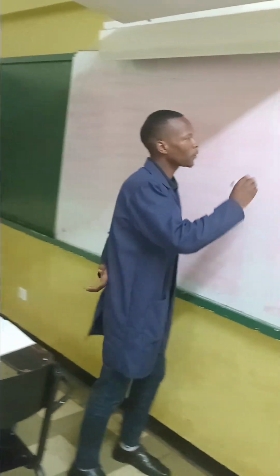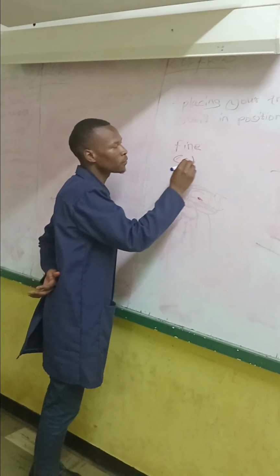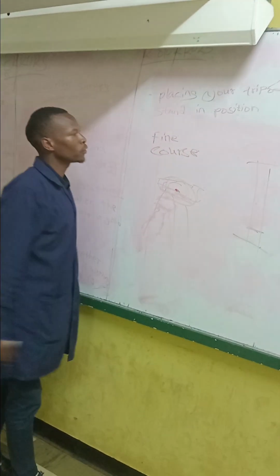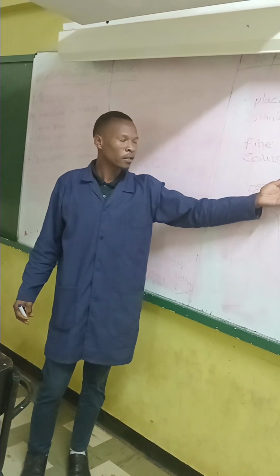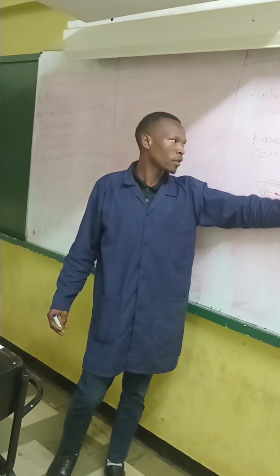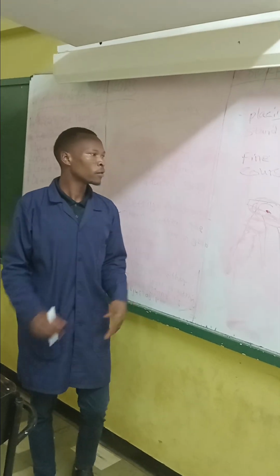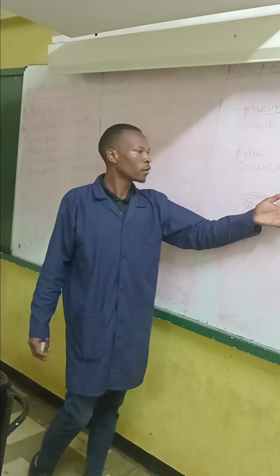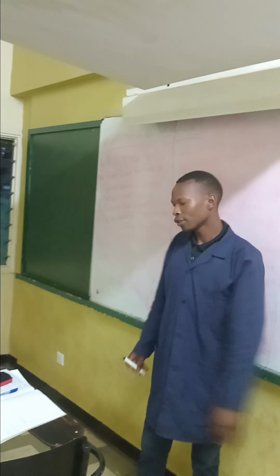You use the fine adjustment knobs and coarse adjustment knobs. The fine adjustment knob ensures that the dummy level is in focus with the staff. The coarse adjustment knobs are used to move the dummy level in the direction you need to focus on the graduated staff.